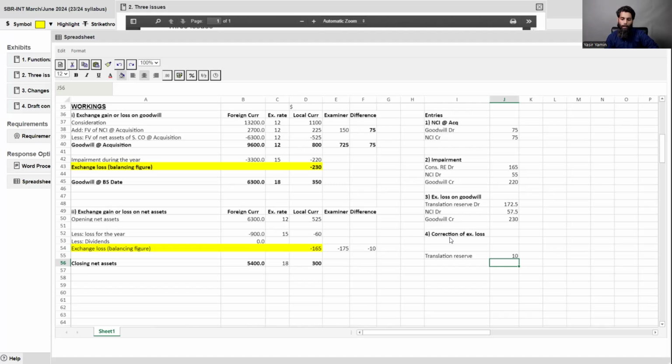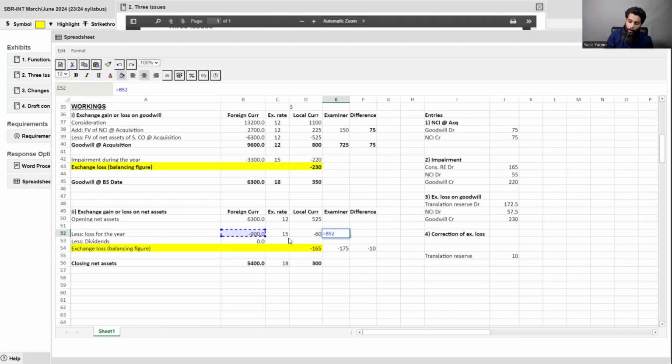Make sense? And the corresponding adjustment should be done to CR and NCI. You know, basically why this happened. Please look here. You see why this 10 difference arises? Because they calculated the loss in dollars not based on the 15 exchange rate.